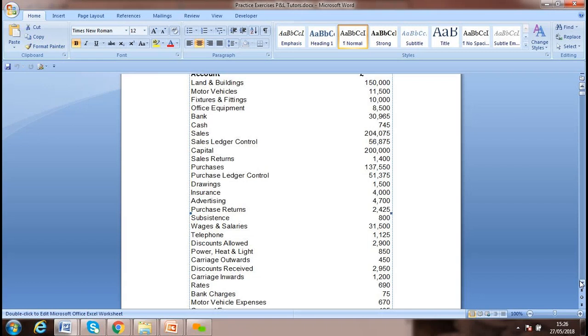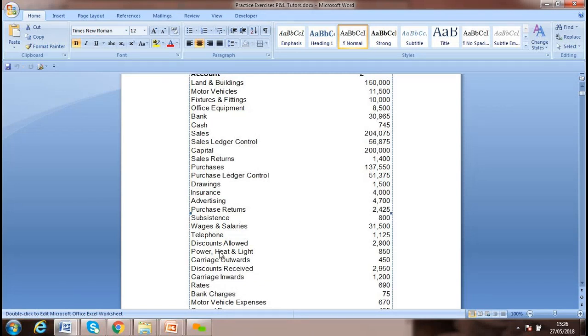Carriage outward is a delivery charge. It means the goods we sold and we paid the delivery charge on, and the technical word we use is carriage outward. Discount received, we receive a discount from our supplier if we make the payment early, so discount received is an income for a business.